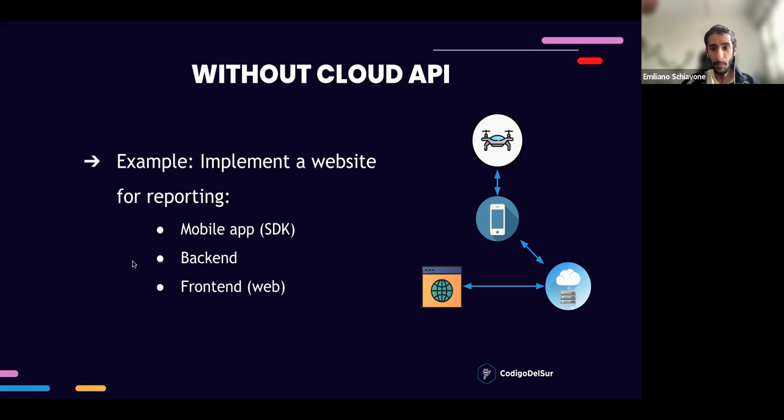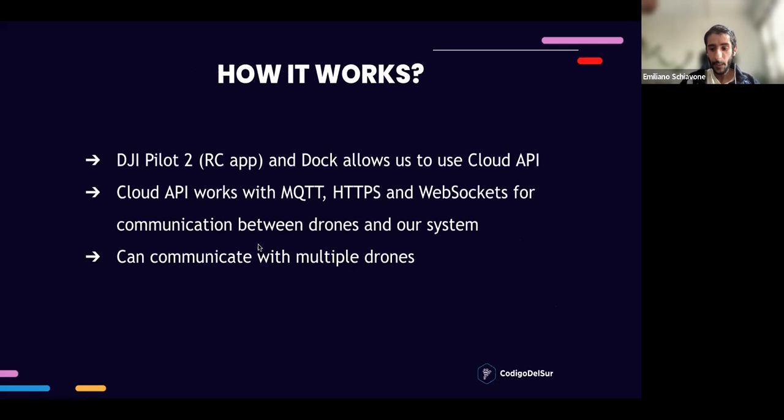Then you are going to have a backend where your mobile app will be connected, and then a front end, in this case a website, that consumes all the backend information that we want to process. So the interaction is the drone with the mobile app with the backend, and the backend with the front end.